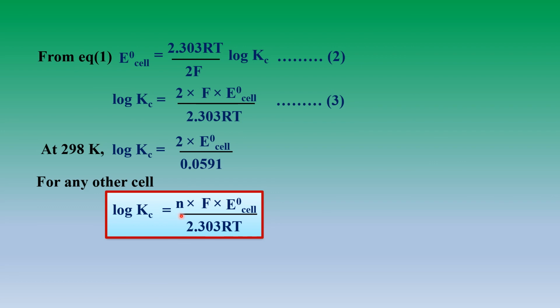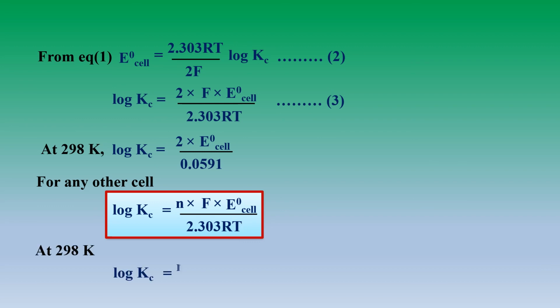We have to substitute the value of n here, and the F value we know, 96,500 coulomb. E naught of cell can be calculated, or it will be given in the problem. R value will be 8.314. T value you have to substitute if given in the problem, otherwise take it as 298 Kelvin.